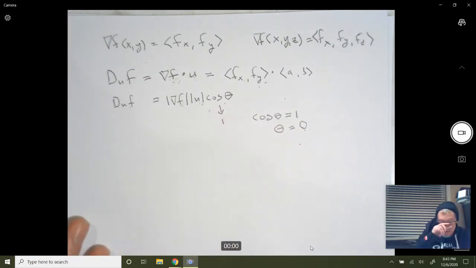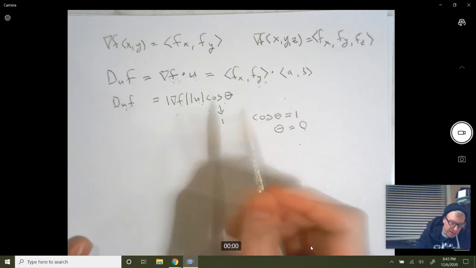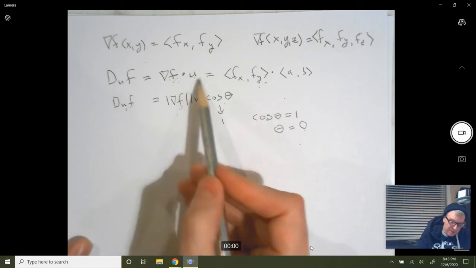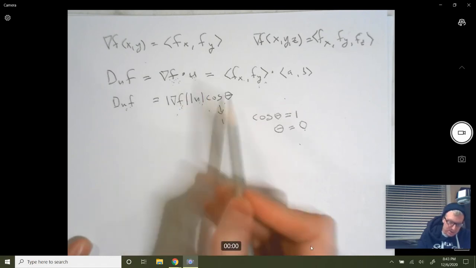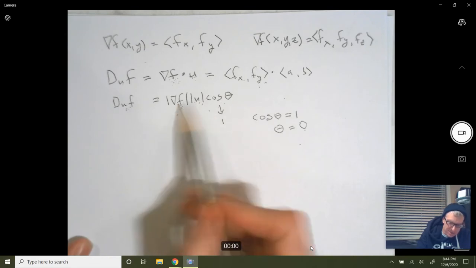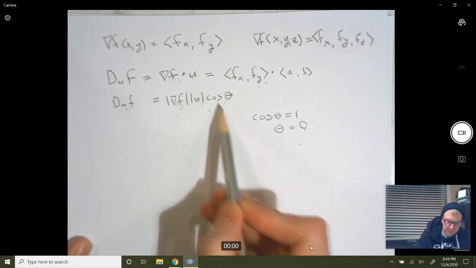Okay, the other significance is that if you want to maximize the directional derivative, it's just going to be equal to the magnitude of the gradient. If u is any other direction, then when you find the directional derivative, you're going to have this times some angle where the cosine is going to be less than 1.